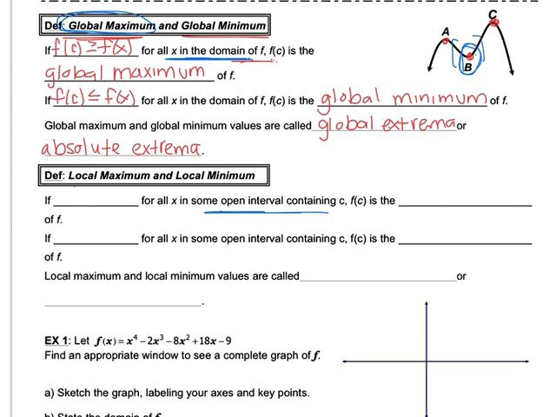So the definition for local max is that f of c is greater than or equal to f of x for all x in some open interval containing c, and that would be the local maximum. And likewise, if f of c is less than or equal to f of x for all x in some open interval containing c, it's the local min.